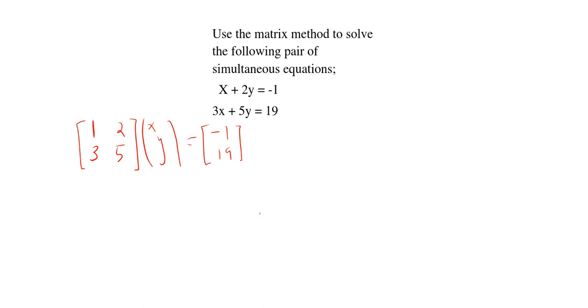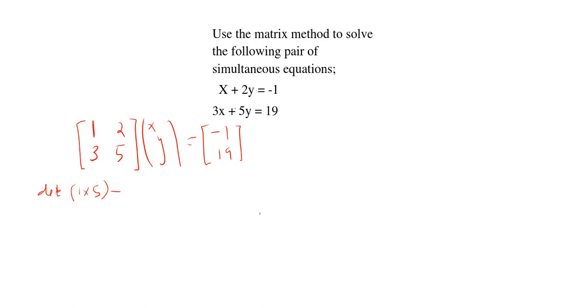So let's find the inverse of our matrix. The first thing you find is the determinant. The determinant of this matrix will be 1 times 5 minus 3 times... this is -5.